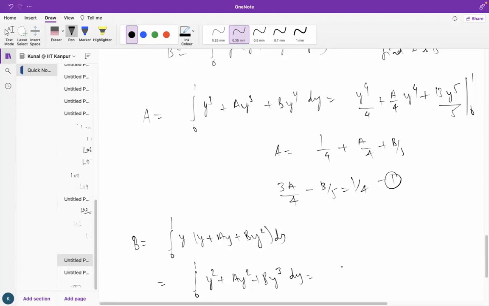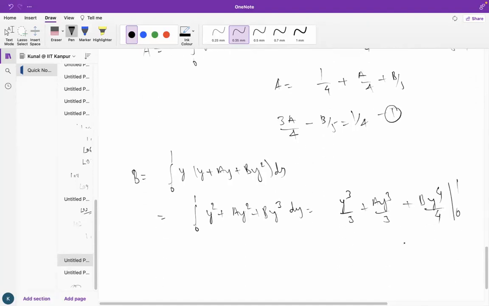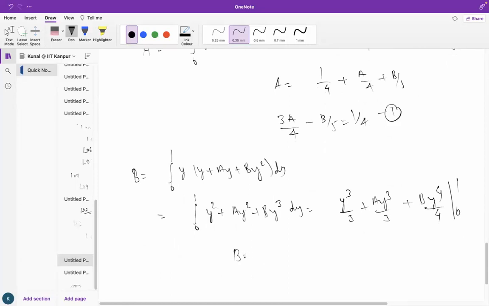And when we integrate this, we will get y cube by 3 plus ay cube by 3 plus by^4 by 4, from 0 to 1. So our b is equal to 1 by 3 plus a by 3 plus b by 4. And when we solve that, we get minus a by 3 plus 3b by 4 is equal to 1 by 3.